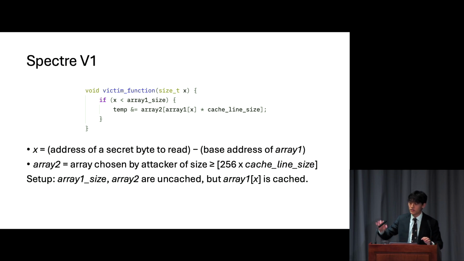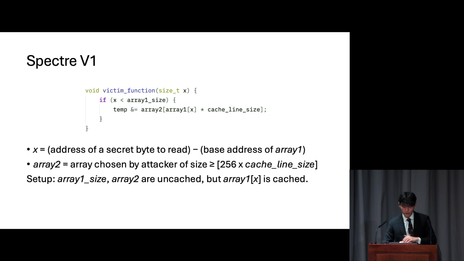So the setup here is that array 1 size is uncached, because we want that if condition to be speculatively executed. We want the processor to not have that information when it runs this instruction, in order to induce speculative execution.